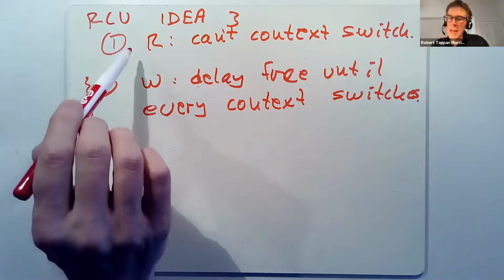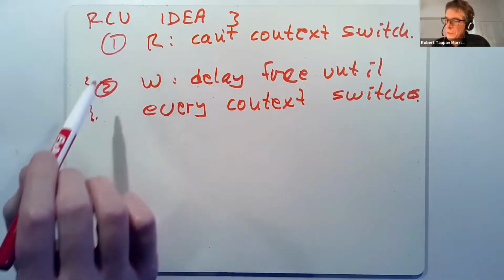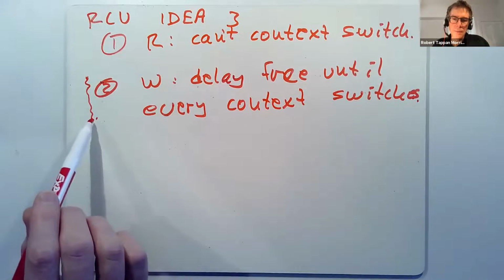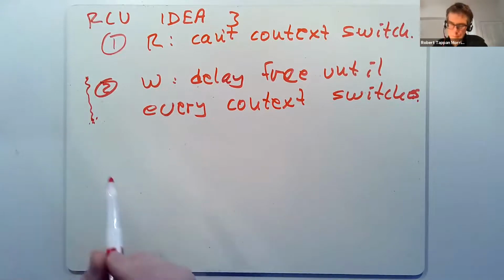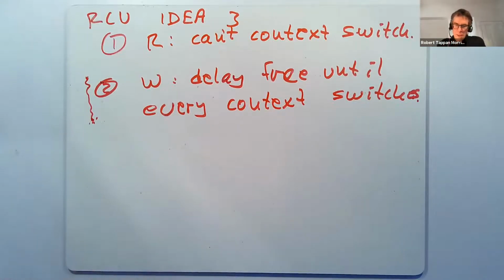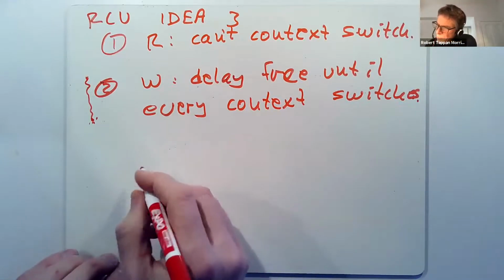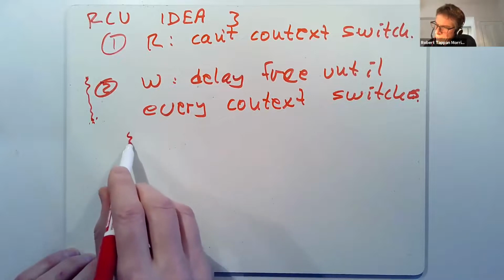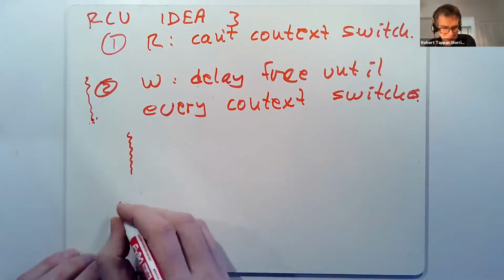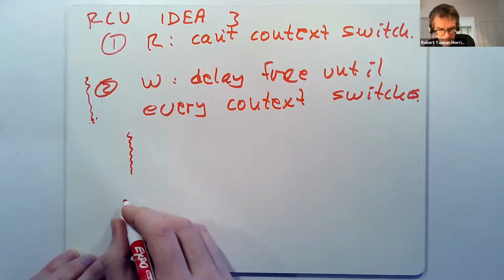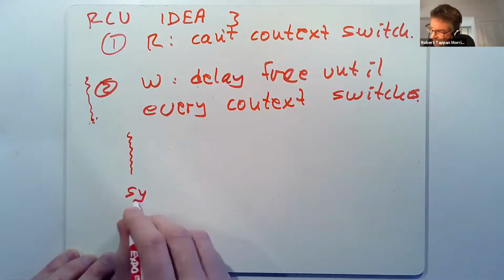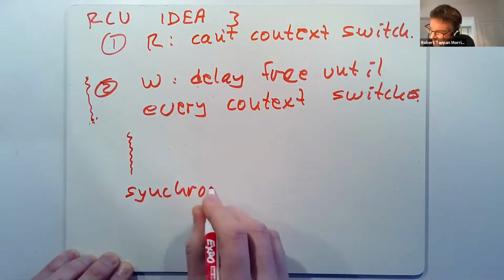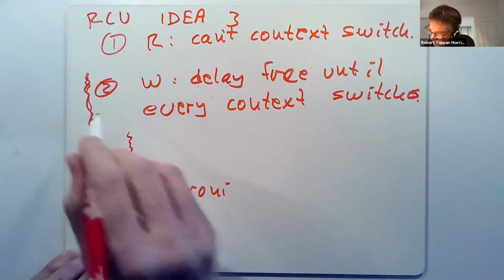And since readers can't hold stuff across context switches, the writer has now waited long enough. And so the actual writer code does whatever modifications it's going to do to the data, and then it calls this synchronize RCU call, which actually implements 2.